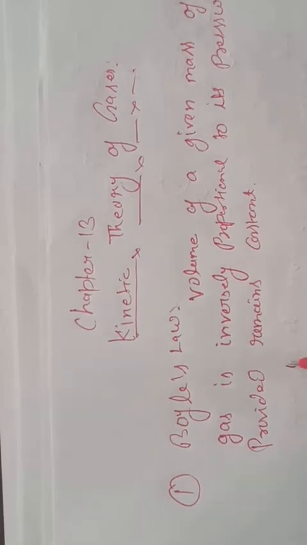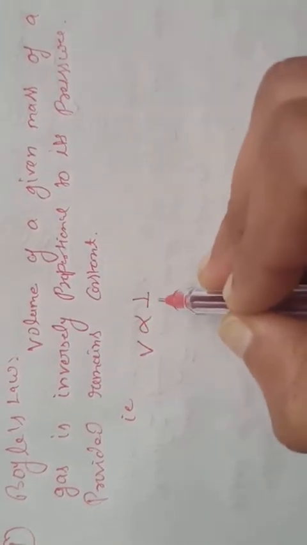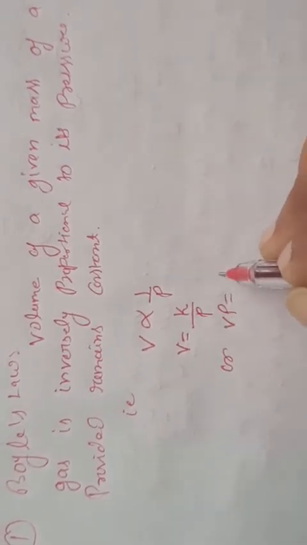That is, V is directly proportional to 1 by P. We remove the proportion sign: V equals K divided by P, or PV equals constant.